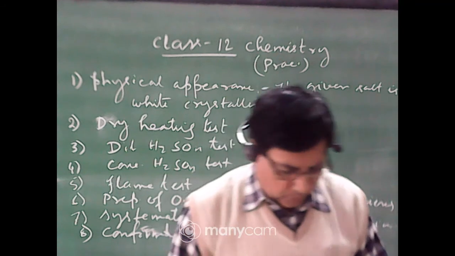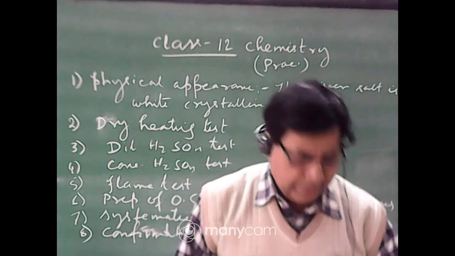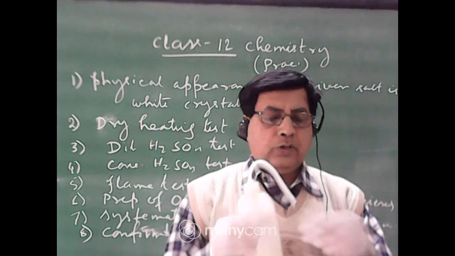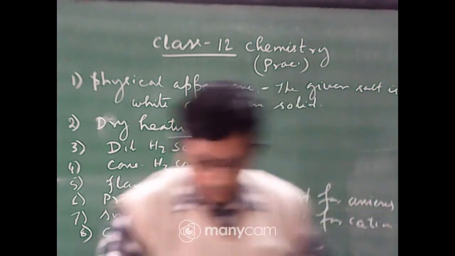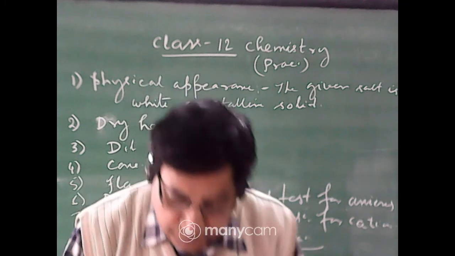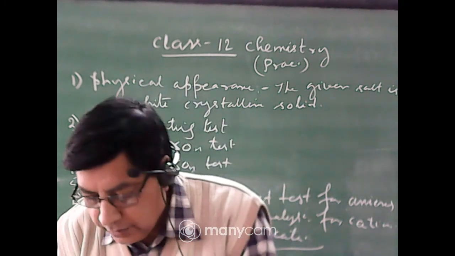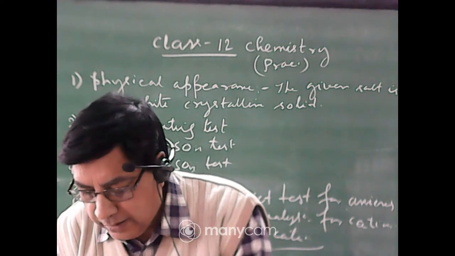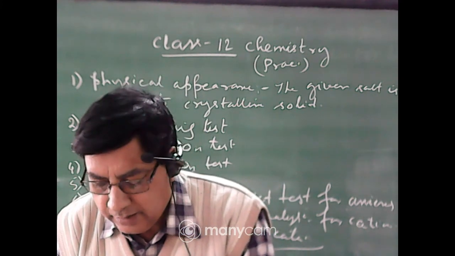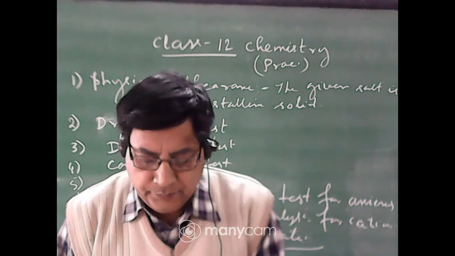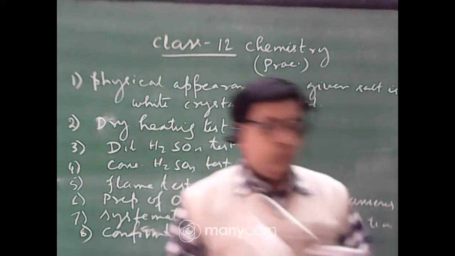So you perform the wet test for nitrate. You take the sample solution. You prepare freshly prepared ferrous sulfate solution. Why is it freshly prepared? Because ferrous ion, if you prepare ferrous sulfate and keep it in the lab, is oxidized easily to ferric one.